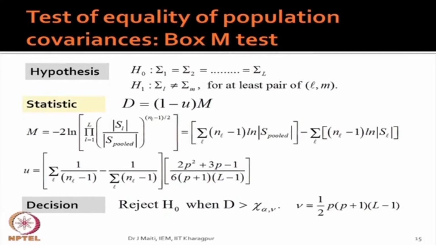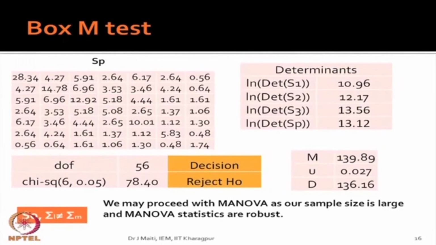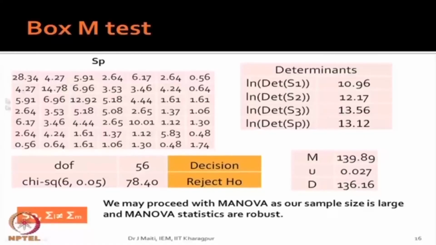Now, we will show you the Box test here. As the data is exhaustive, a large amount of data, and we cannot calculate manually, I have used Excel. In Excel you can very well calculate all those things. So, first we have calculated SP using this formula.